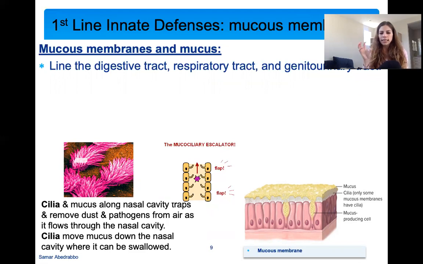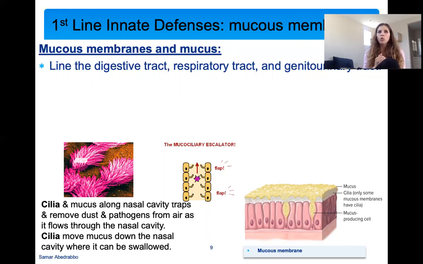Mucus is this sticky substance. It's probably the best way I can describe it. You've all experienced mucus in your nose and your throat when you've had a cold or a flu. And the reason why mucus is very helpful in defending you is because it's this sticky substance. It sticks pathogens, and hopefully your body will excrete them before they get even lower.